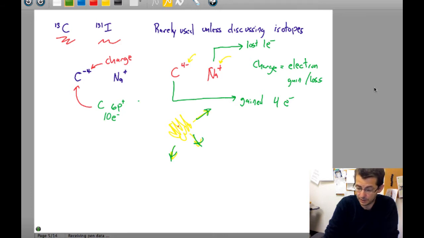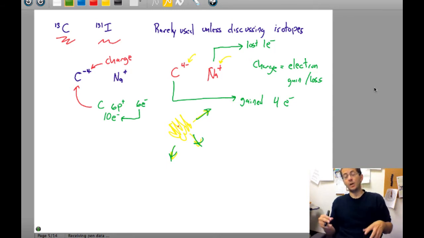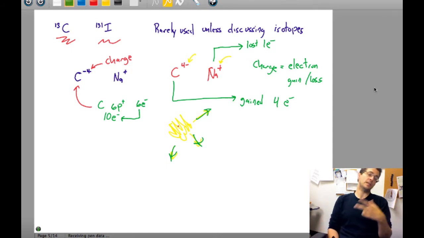Why? Because neutral carbon has 6 electrons, gains 4, so -4 charge, to give us 10 electrons. So we should be able to relatively quickly figure out the number of electrons present in a system.